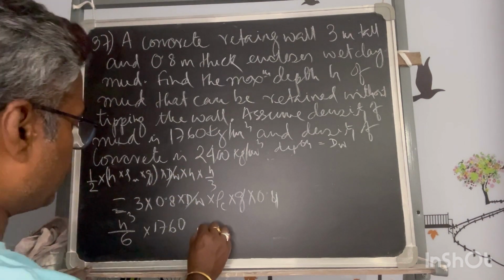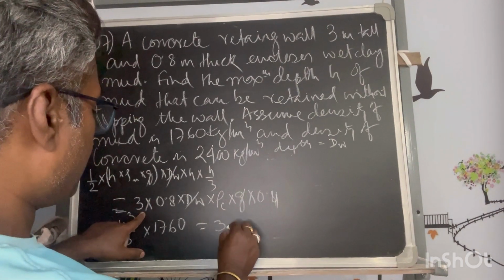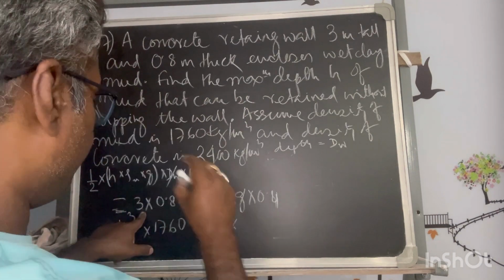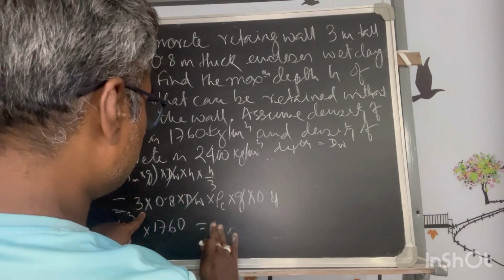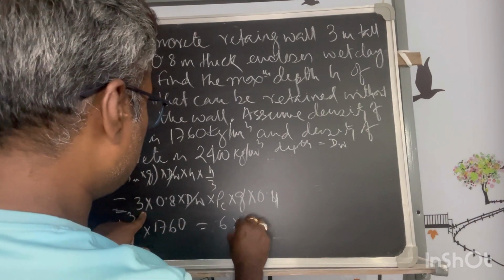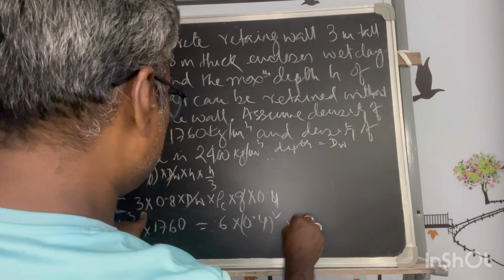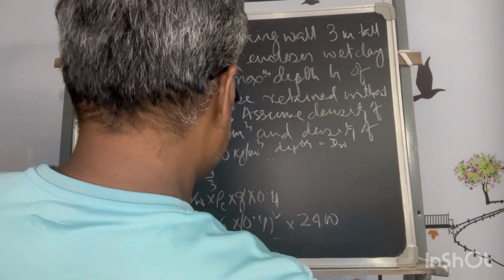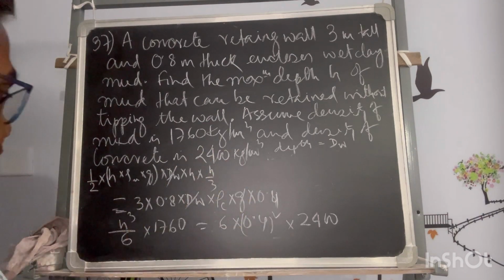Okay. On the right hand side, this is equal to 3 into 0.4, 3 into 2 if I take, so 6 I'll do, 6 into 0.4 square into rho of concrete is 2400, this much will be there.